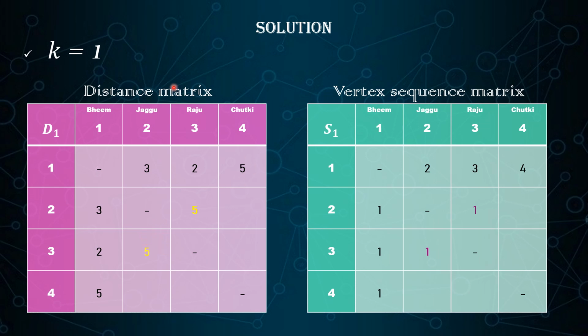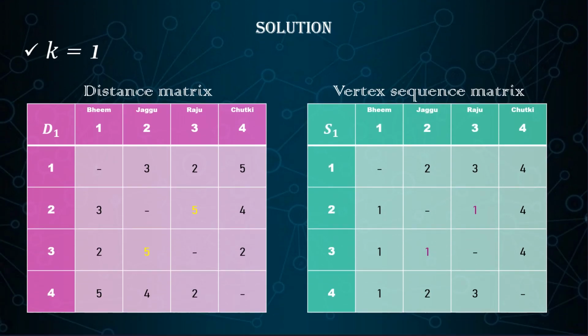The corresponding k value, which is equal to 1, is entered in Sij to be 1, and here also 1. The remaining values remain as they are.